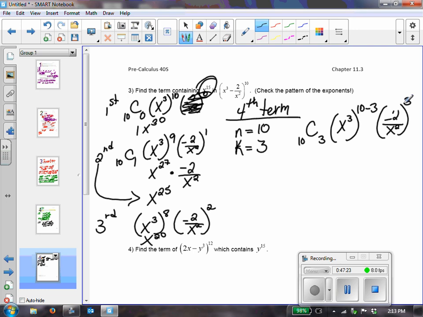So 10 choose 3 is 120. X to the exponent 21. And I'm going to have to do some math here. Negative 2 cubed, negative 8. X squared cubed is x to the exponent 6.